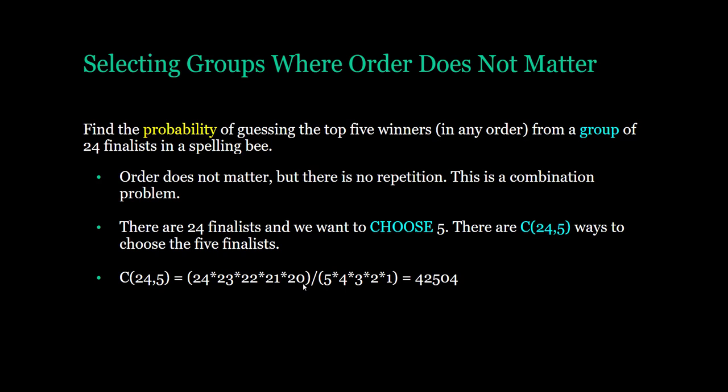If you can cancel common terms, do so, because that will help your calculation, but you can just type all of this in, or you can use the combination feature on your calculator. The solution here should be 42,504. That would be the number of ways to choose 5 people from 24 finalists.